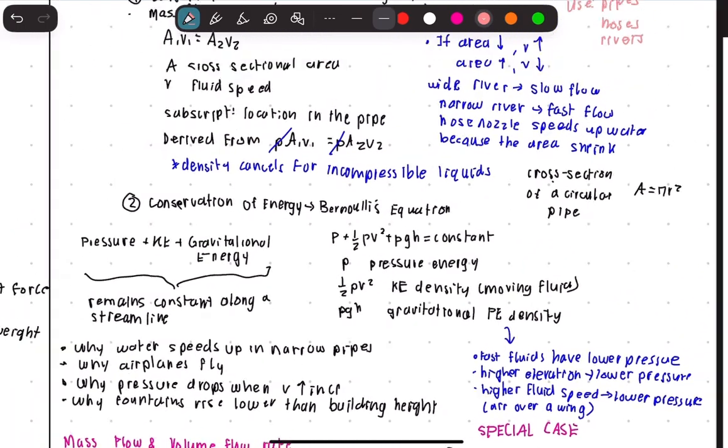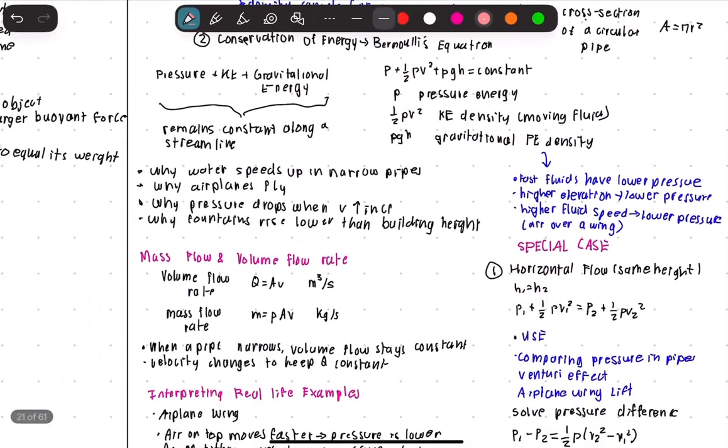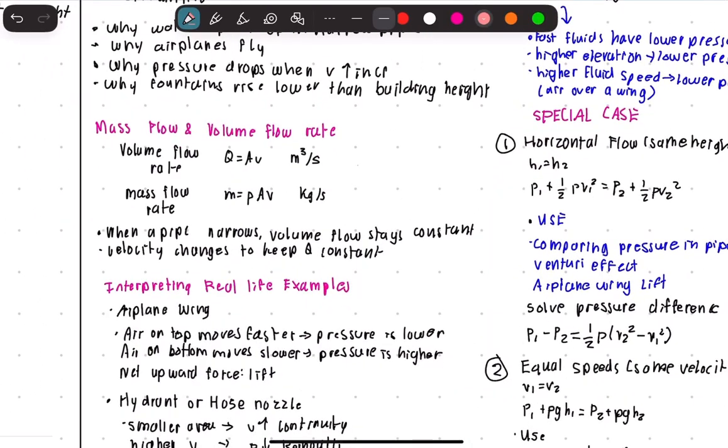And for the volume flow rate, Q = Av, you will use this when you have faucets and also for pumps. For the mass flow rate, you will use this when you have fluid transport.